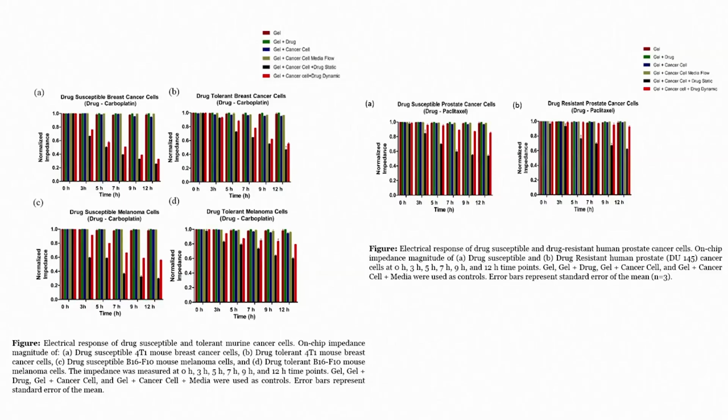So, if you see the screen, what you see here in the screen is that we are looking at electrical response of drug which is susceptible as well as tolerant, right, for murine cancer cell. So, if you can see the screen, we are talking about murine cancer cell that are taken from the mice.